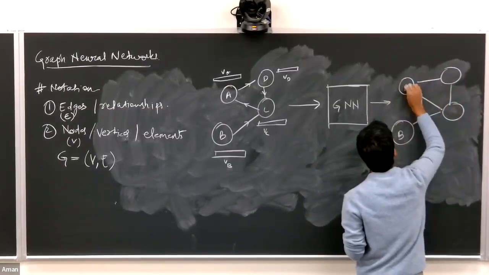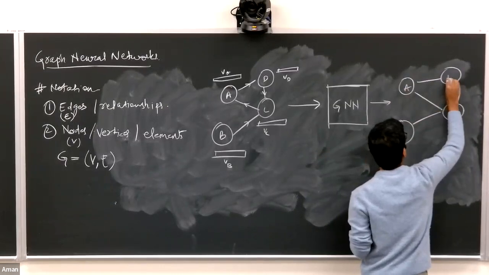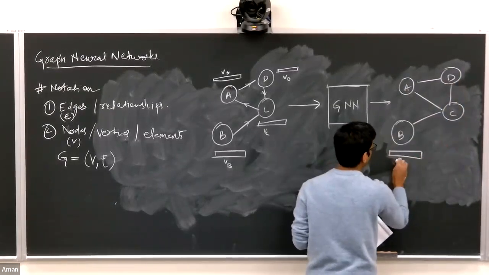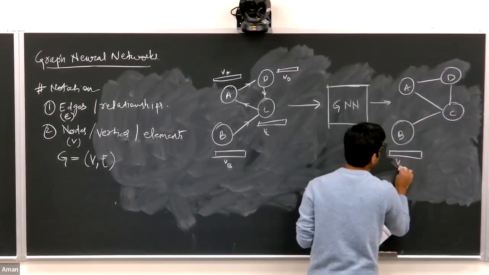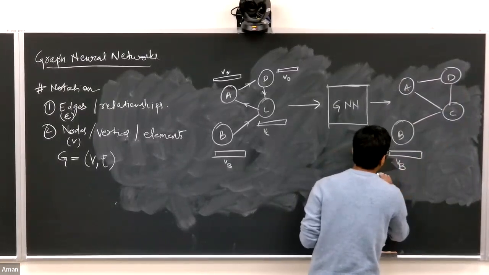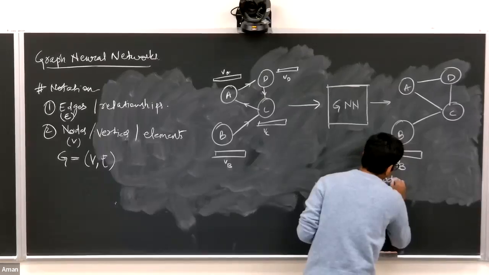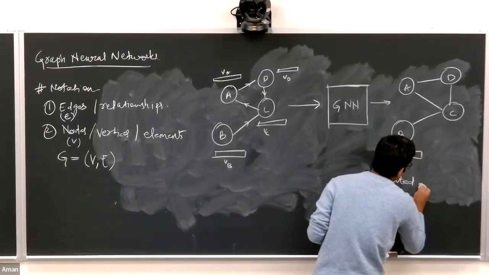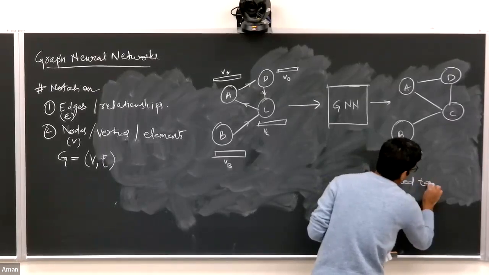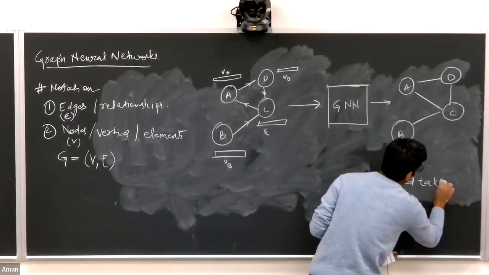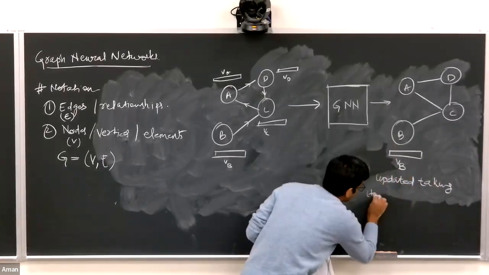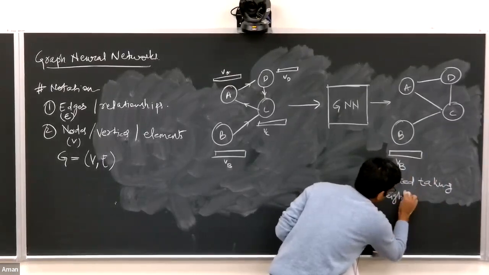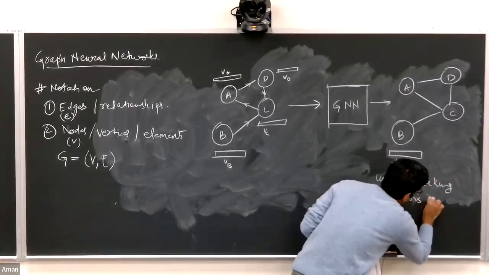But what would have happened now is that the representations of each of these nodes would be updated by taking its neighbors into account, right?